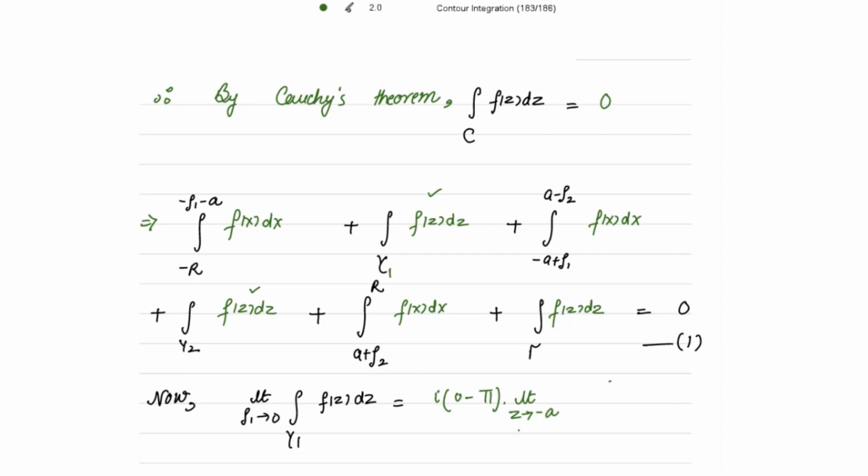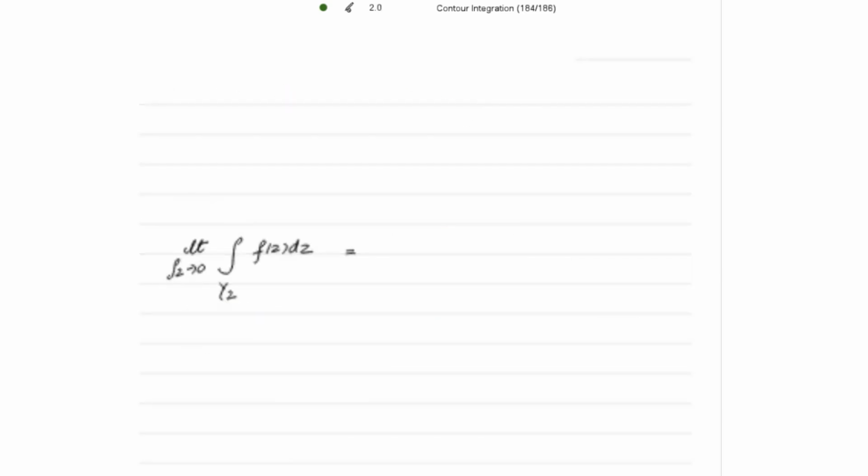So here I write z tends to minus a, then z minus that point, minus a, which becomes z plus a, f of z. So this is minus pi iota, limit z tends to minus a, and then this is z plus a, putting the value of the function, that is e to the power iota z over a square minus z square.